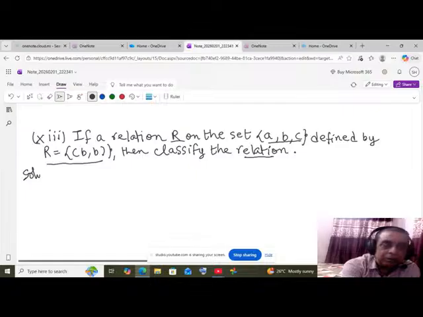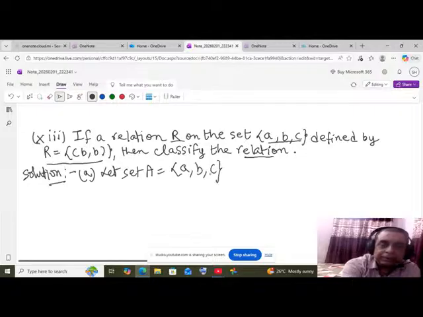Now, this relation R is not reflexive. Why? Because what is reflexive? Let the set A equal the set {a, b, c}.